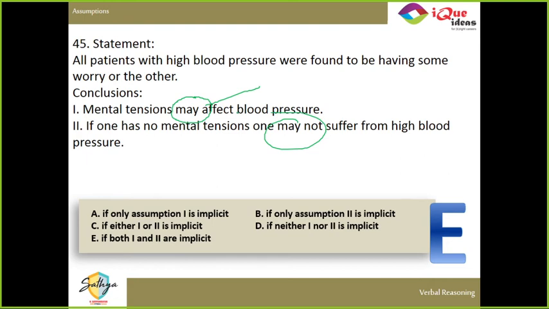But because of may, I cannot say it is wrong. Because what does may mean? It may or may not happen. So when an assumption contains the word may, it's very difficult to prove it wrong. Because it says it is a possibility. It's not impossible, right? It is quite possible. So that may saves us. And because both of them contain may, both of them are possible.